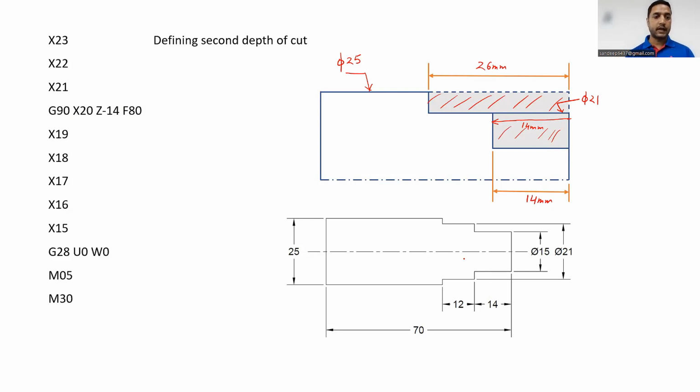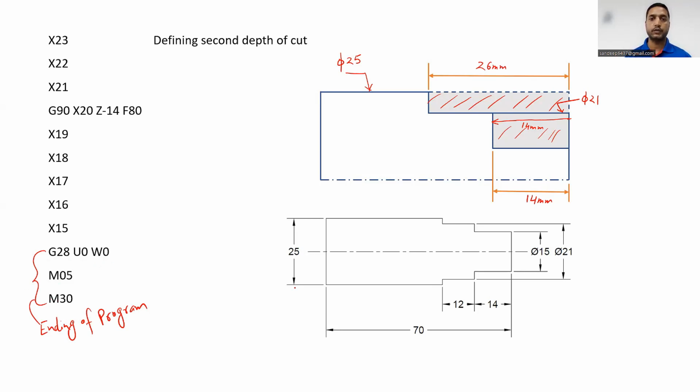Then this is the ending of the program from here to here. So G28 U0 W0 means back to home position. We are keeping the cutting tool at its home position after getting the desired profile. This is M05 machine code for spindle stop, M30 program stop and rewind. So this was the program for G90 cycle, that is for box turning cycle.